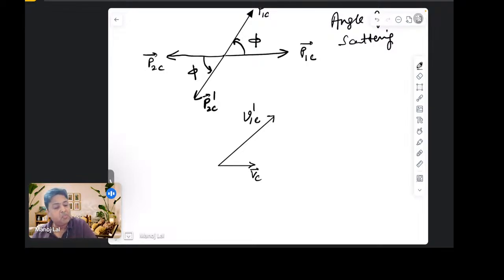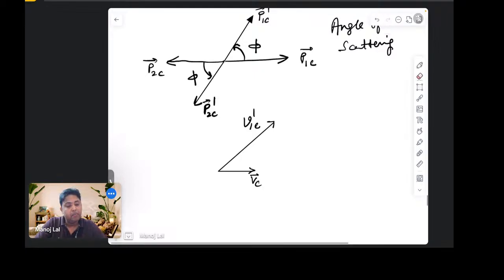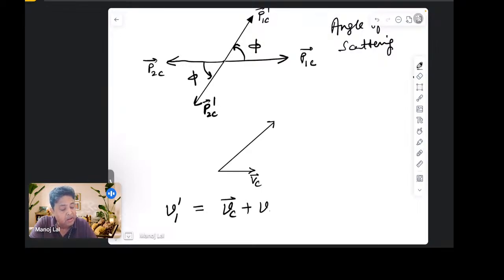And this is V1C, V1. Let me draw V1. What is the V1 basically? This is V1. Let me say V1 dash. You know that V1 dash is equal to what? VC plus V1C.